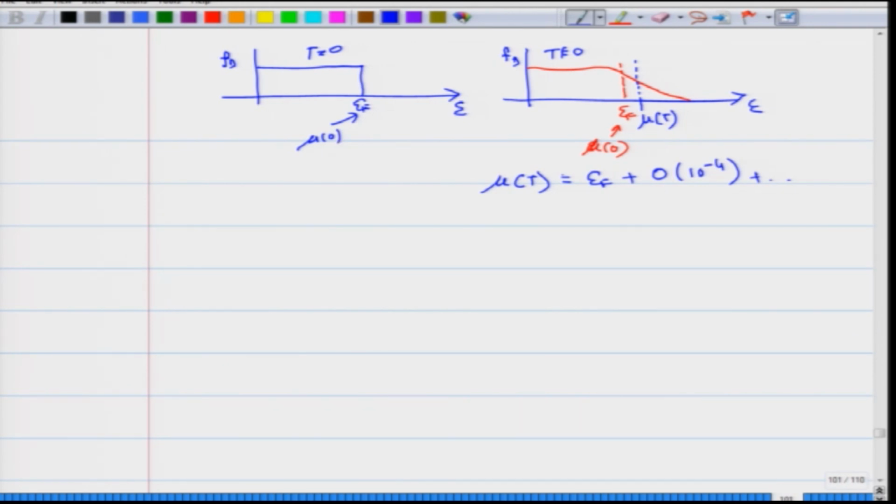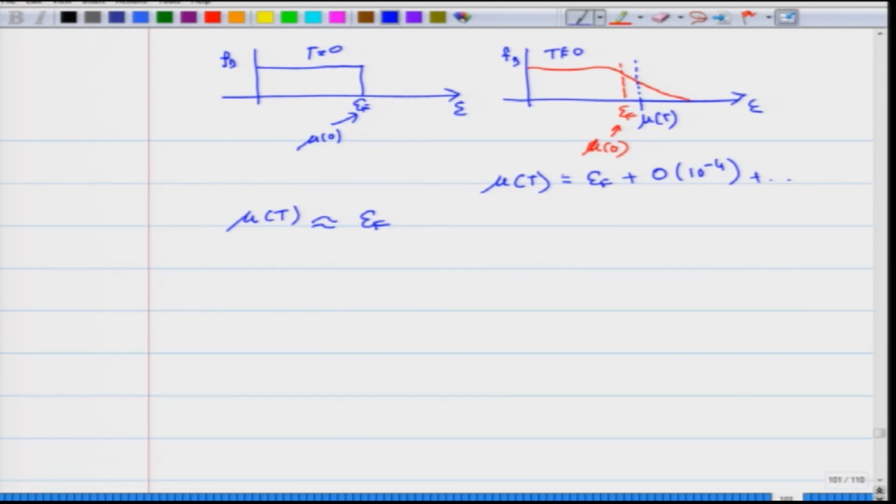While this was the original location at 0 temperature, because of a redistribution of particles around the Fermi energy, the chemical potential just moves around a little bit, and this is the amount of motion. So, for all practical purposes, you can assume that mu T is of the order of the Fermi energy.